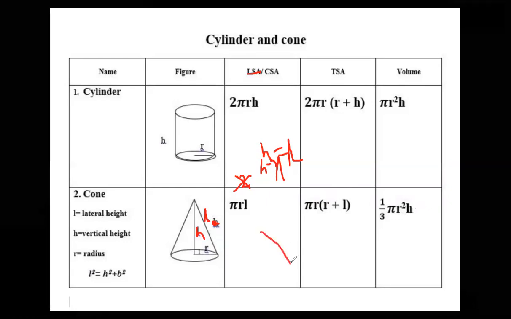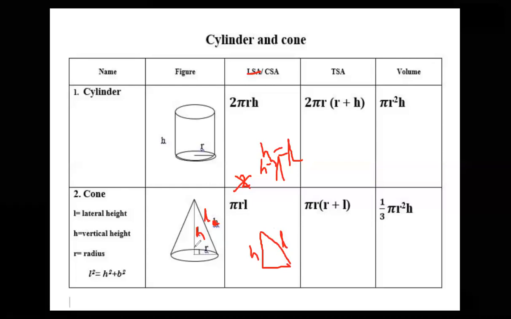Lateral means slanted, like a hypotenuse, we call it L. If it is standing erect, straight up, that is called height. If it is standing in a slanted position, then that is called L.